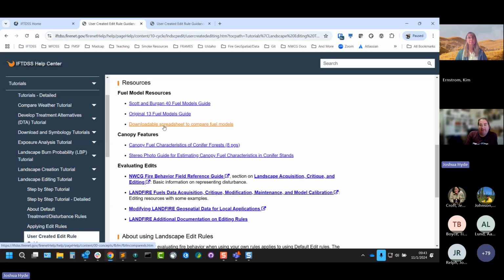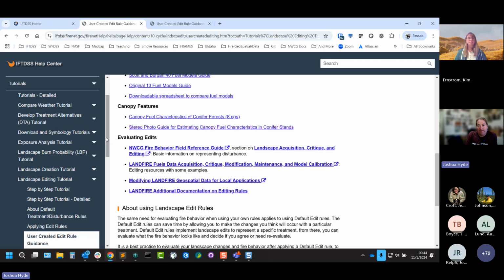We've also got the GTRs on the 40 fire behavior fuel models and the 13. So if you're ever looking up something for those, we've got quick references there. A couple good references on canopy features: canopy characteristics and a stereo photo guide.